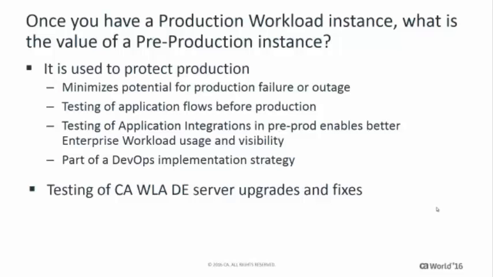It is used for testing of application integrations in a pre-prod environment and enables better enterprise workload usage and visibility by working through any obstacles that may be involved with that integration before you reach production. Definitely, it is part of a DevOps implementation strategy. Another good reason for a pre-production instance is for testing of DE server upgrades and fixes.